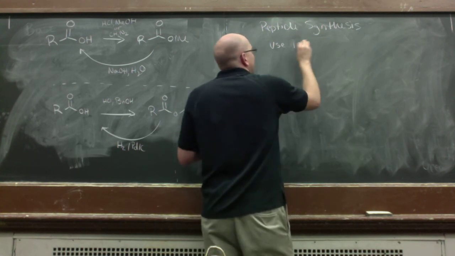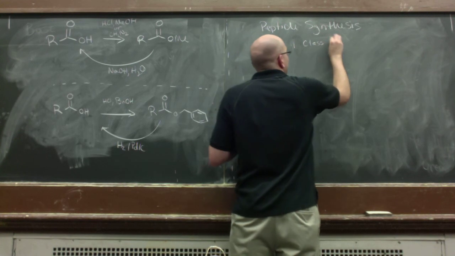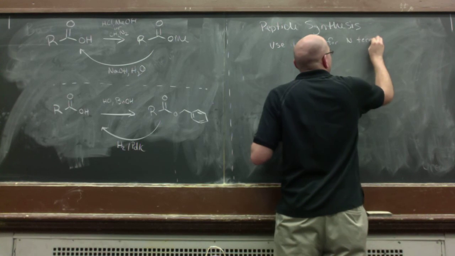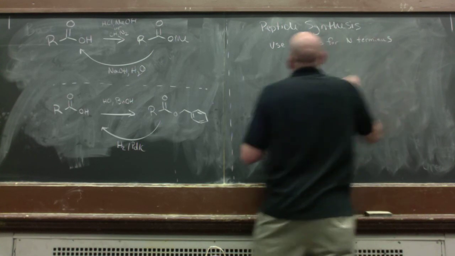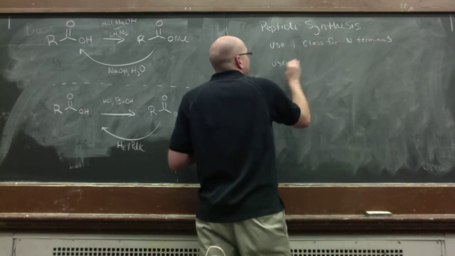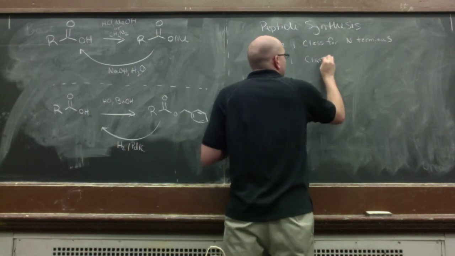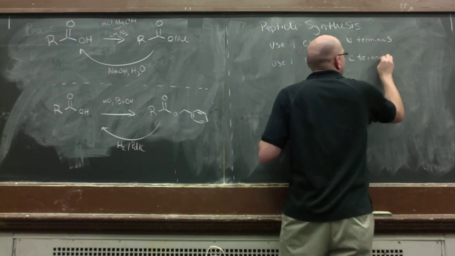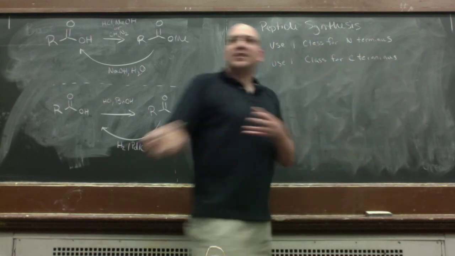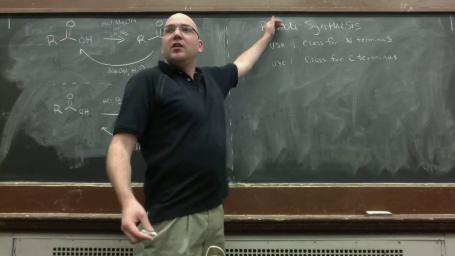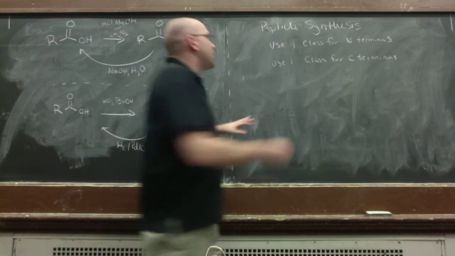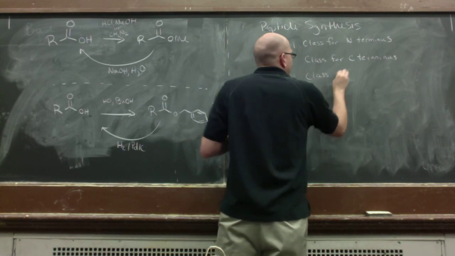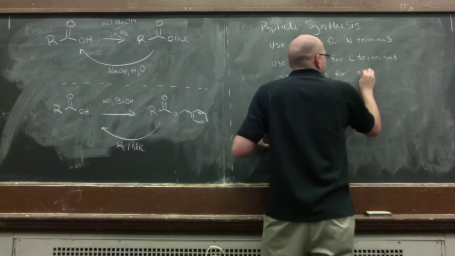The idea would be to use one class for the N terminus, use one class for the C terminus, and what I mean by that is the side that's going to have the carboxylic acid. So use one to protect the amine, use one to protect the carboxylic acid, and then use the other class for side chains.